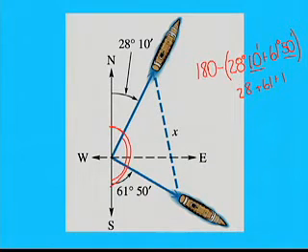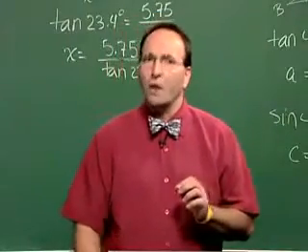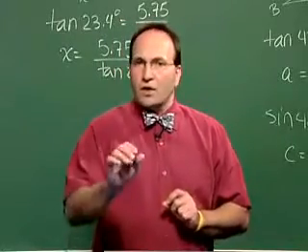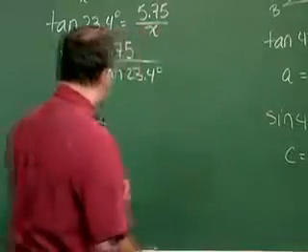And therefore what I find is that the angle between the two ships is 180 minus 90, or in other words 90 degrees. So therefore this angle in here is a right angle, and I therefore am dealing with a right triangle. So now what I'm going to do is move to the board where I will draw essentially this diagram as a right triangle and then fill in some more information.